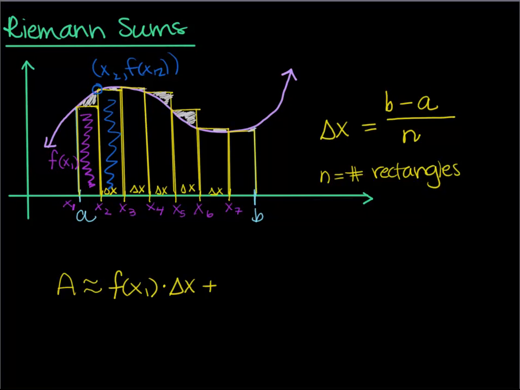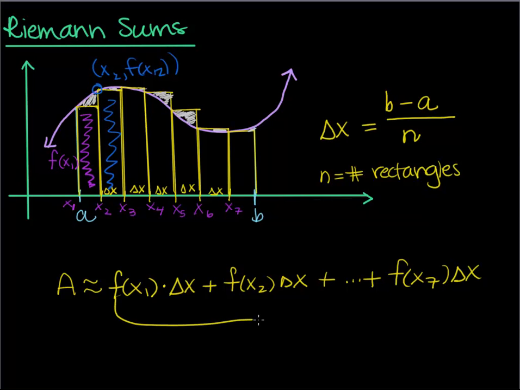So that area is f of x sub 2 times delta x, plus, and I'm not going to write all of them, that's why we love the dot dot dots in mathematics, f of x sub 7 times delta x. And that's an approximation of the area. So that's that whole discussion on page 311. And this right here, my friends, is what we call a Riemann sum.